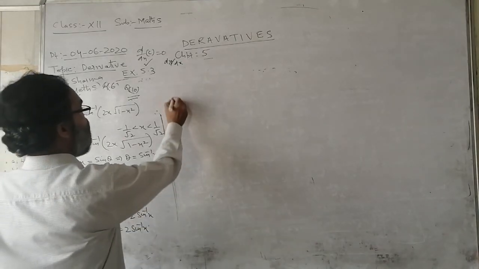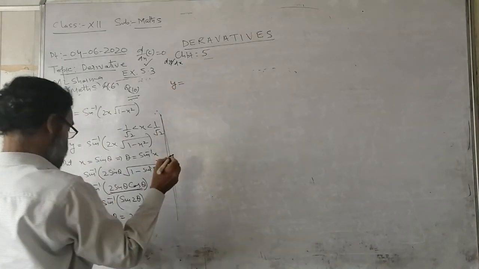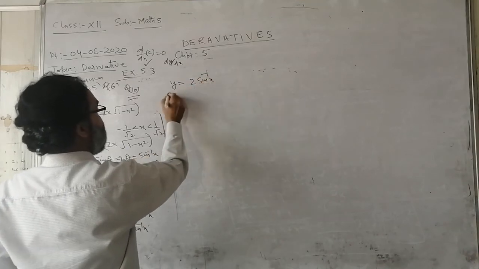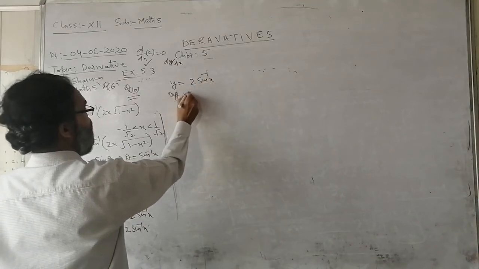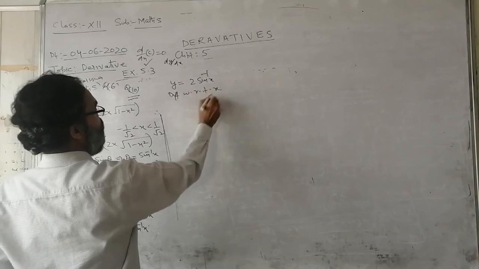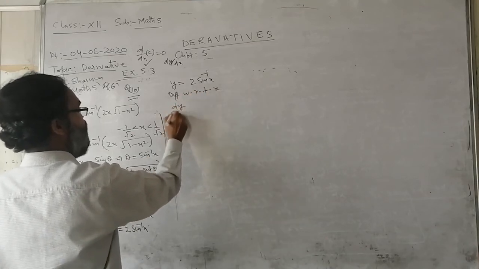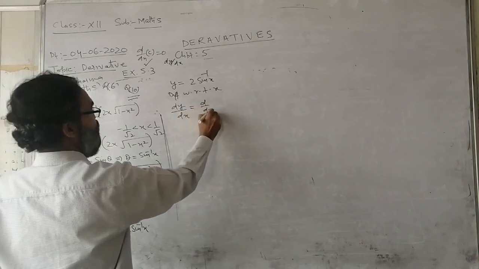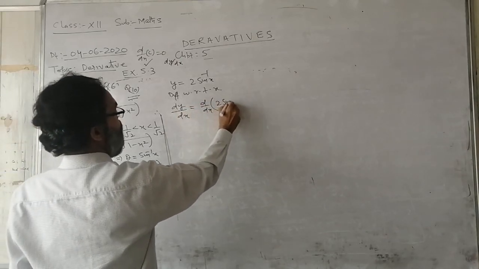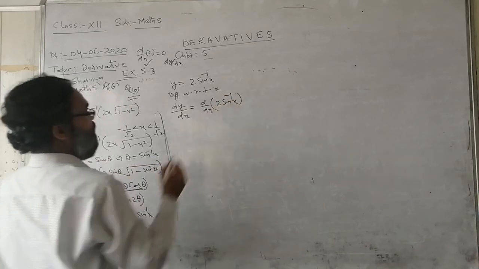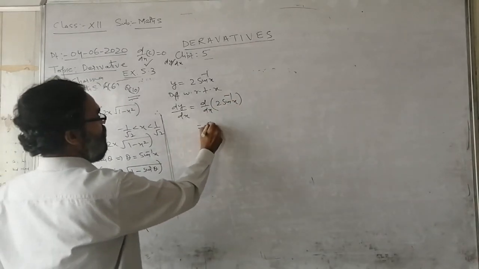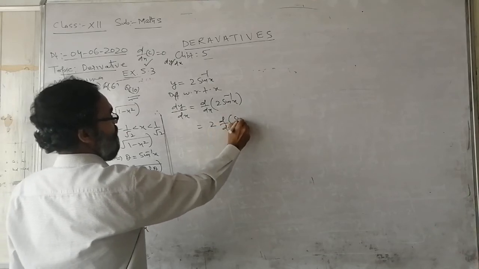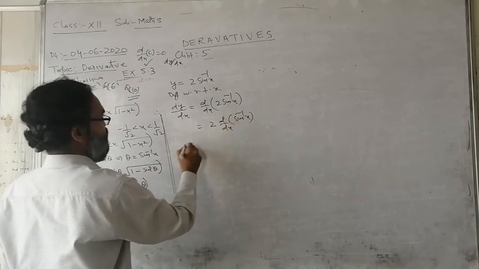Y is equal to 2 times sine inverse x. So let us differentiate with respect to x both the sides. Dy upon dx equal to d upon dx of 2 times sine inverse x. So 2 can be taken outside, d upon dx sine inverse x.